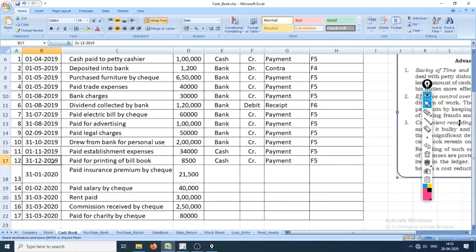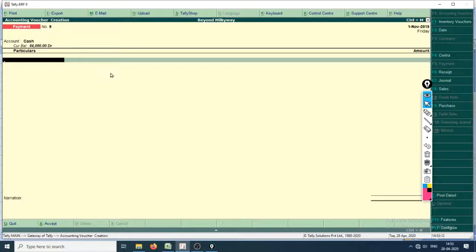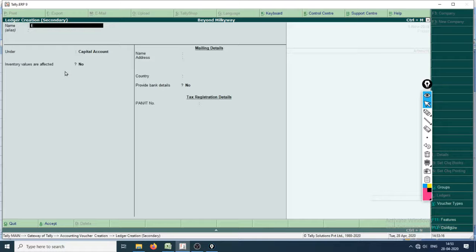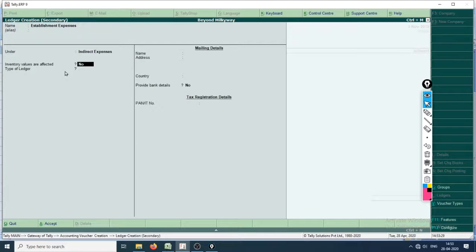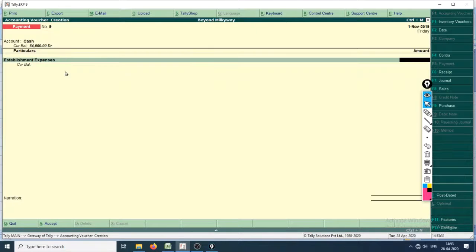Copy this and change this right here. I'll show you how to make a combined entry of two transactions. Cash account is credited anyway, hence cash is right here, and, yeah, Alt C for establishment expense, capital, no, indirect expense. You can choose them as direct expense also, but whenever in doubt always go for indirect expense.